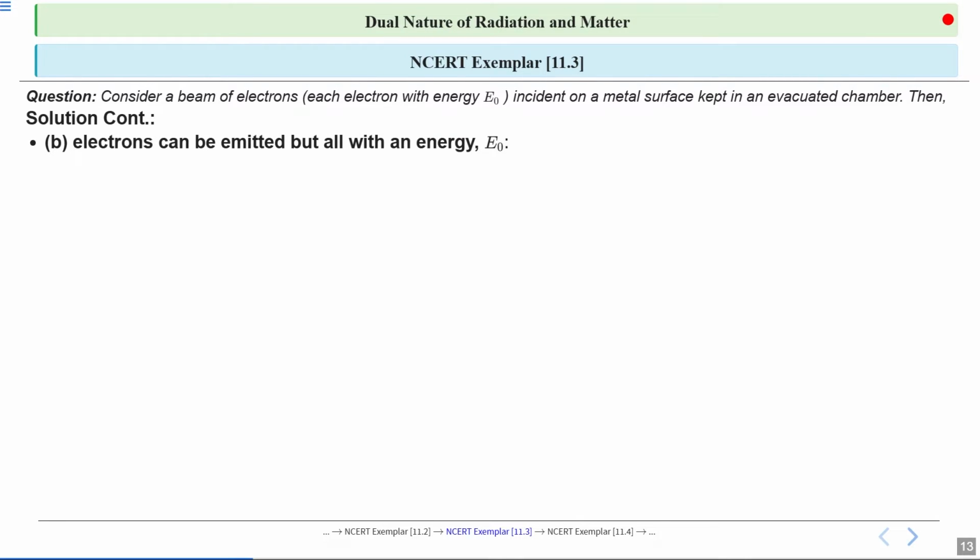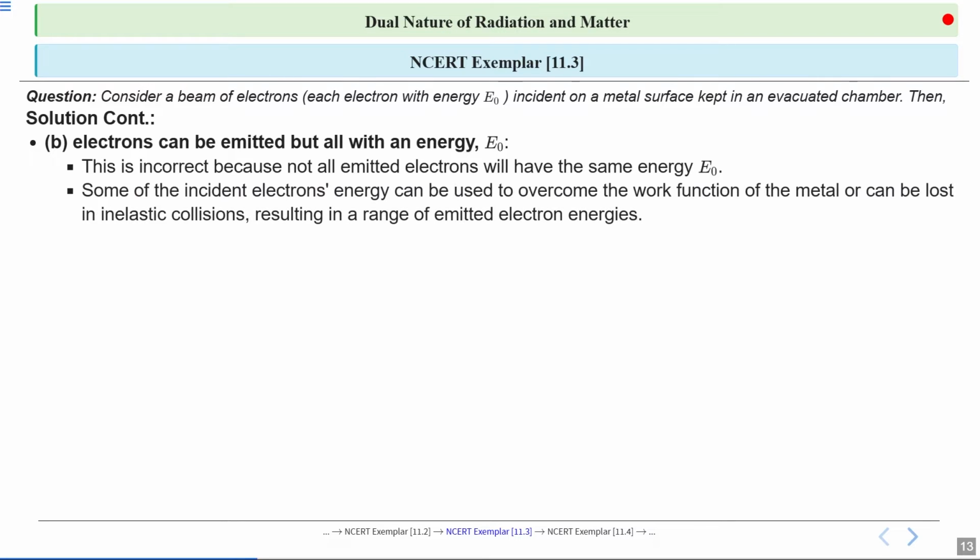Let's start by considering option B, which says the electrons can be emitted but all with an energy E naught. Notice that this statement is actually incorrect. Not all emitted electrons will have the same energy E naught. In real situations, some electrons lose energy through interactions with the metal, so their energy can vary.